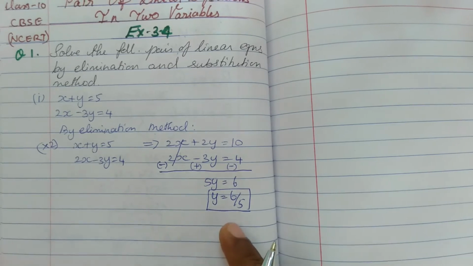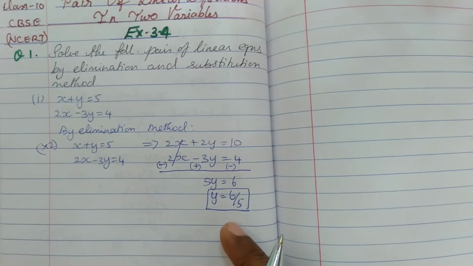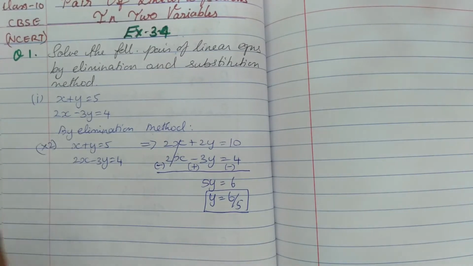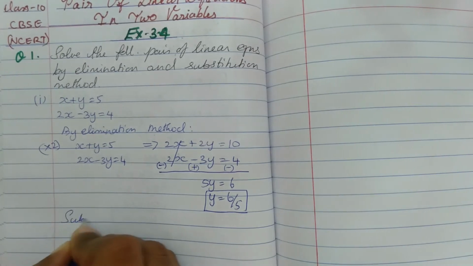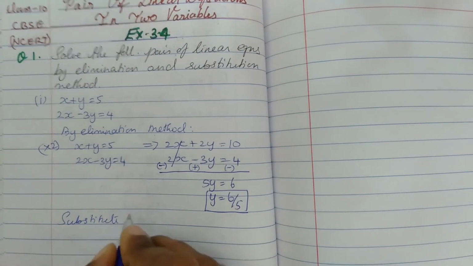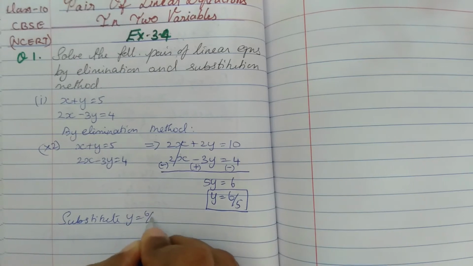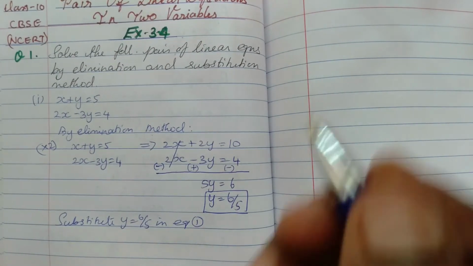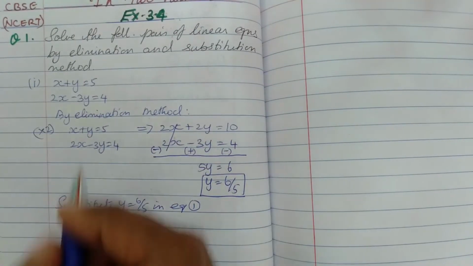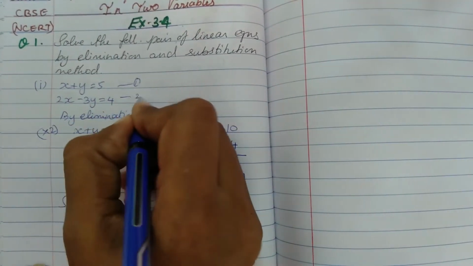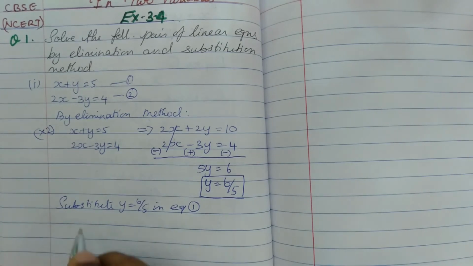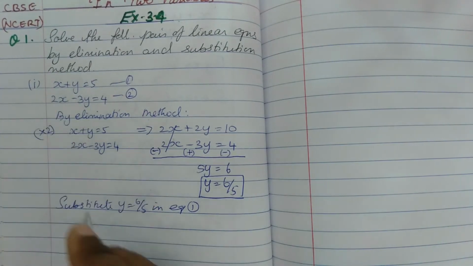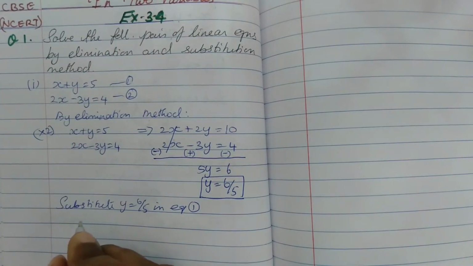Now let's substitute y is equal to 6 by 5 in equation number 1. This is your first equation and this is your second equation. Your first equation is x plus y is equal to 5.